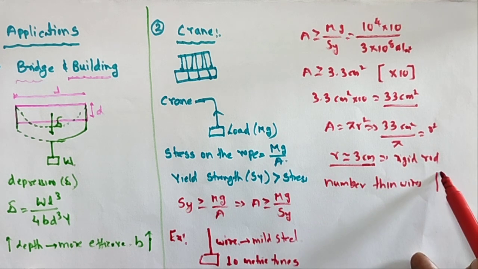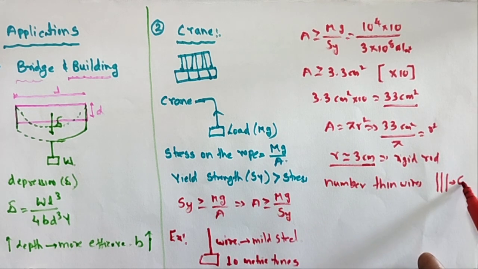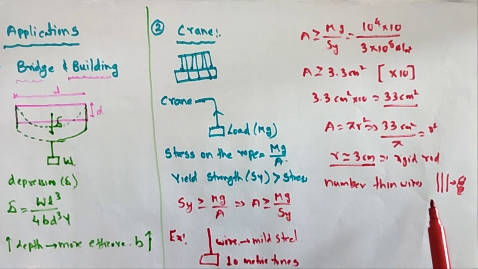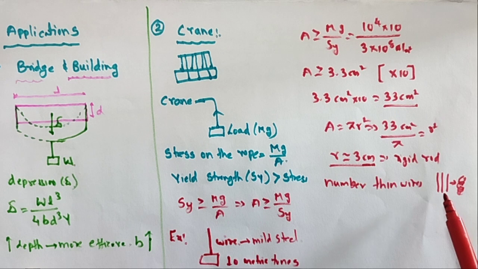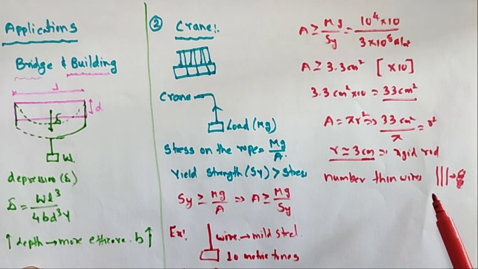This is the first wire, second wire, third wire. These wires are wrapped together like this. This is very good for lifting the mass. So these are the examples or the applications of the cranes.